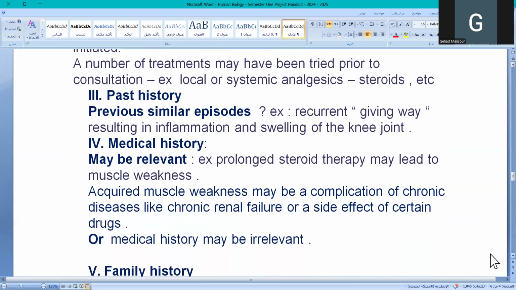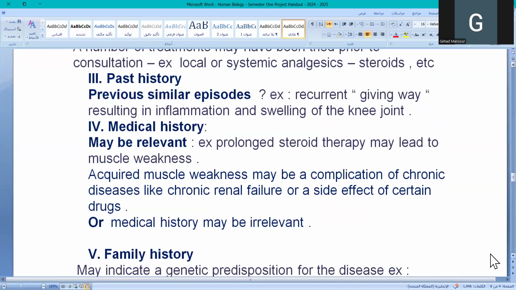After having finished the present history, you move on to the past history. And the past history is essentially that you're asking about previous similar episodes. For example, if the patient comes complaining of a giving way that made him fall in the middle of the street, you have to ask him if this is the first time he suffers from giving way or not.